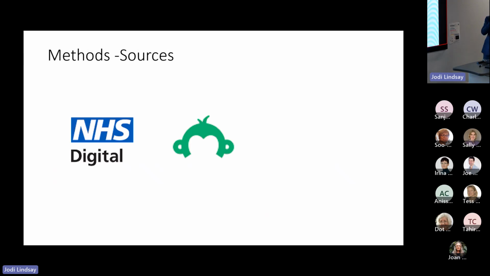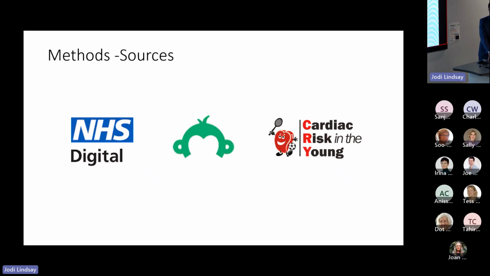The other thing we did, however, is we emailed people directly, as part of the consent that they had during the screening program, to respond to us and let us know what the outcome was since they were screened. And the final thing is that we've got families and individuals who very kindly, particularly if it's a negative screen and something happens to them, come back directly to the charity to let us know.